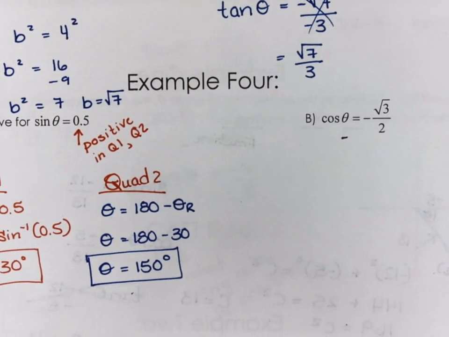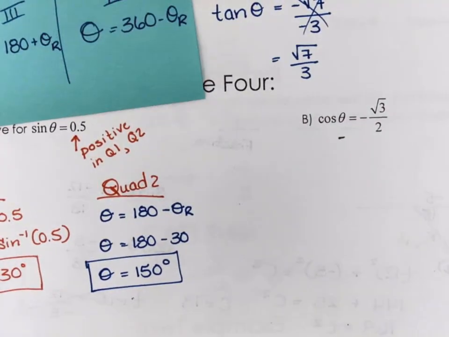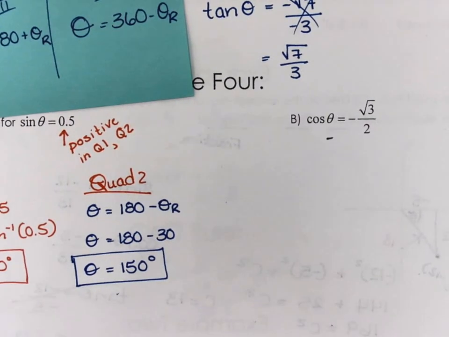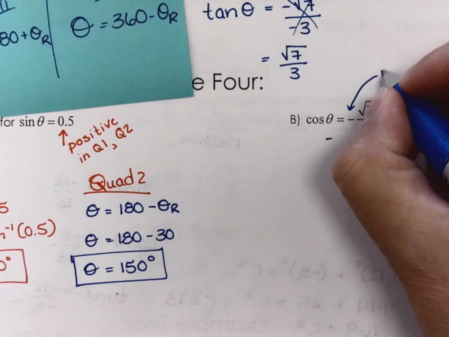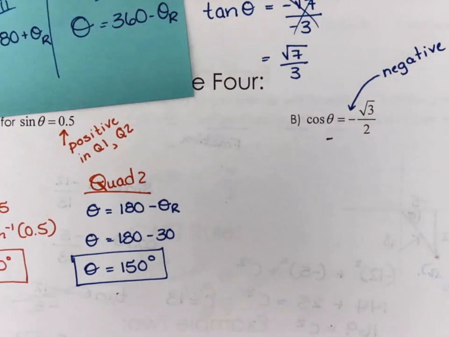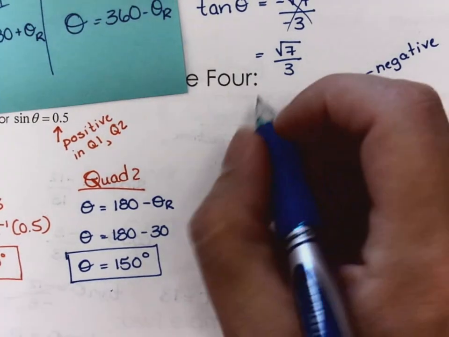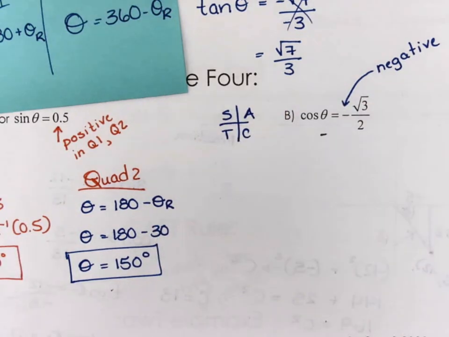Okay, here we go. I have my reference angles up here. All right, so this is negative. So where is cos negative? Well, if I go back to my cast rule, remember that the cast rule tells us where they're positive.